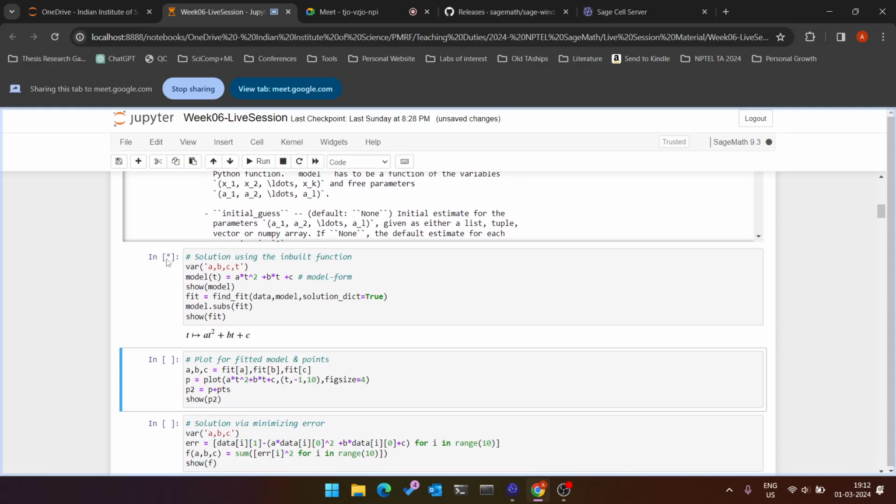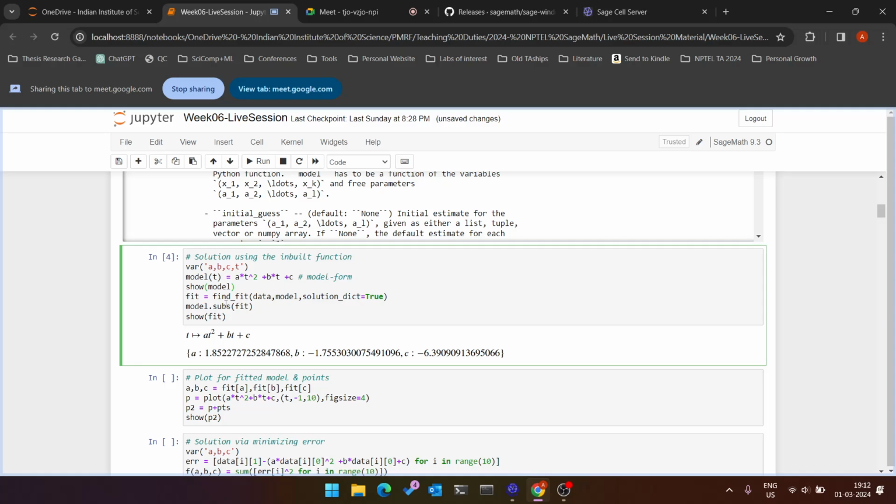it's still running. So it's showing us the model. The model is provided in the variable t. We get a t square plus b t plus c, and find_fit shows me that my fitted parameters are a is 1.85, b is minus 1.75, and c is minus 6.39.